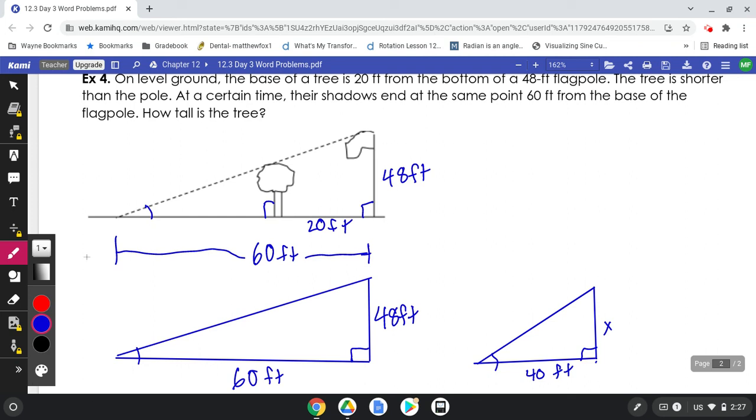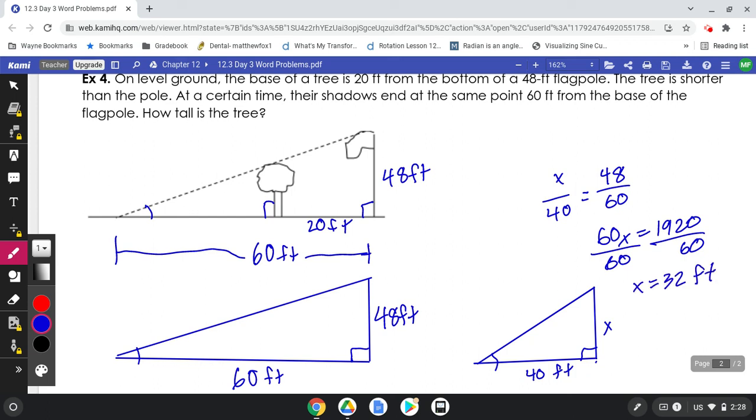But if we think about it, this whole distance is 60. 60 minus that 20 leaves us with 40. And at this point now, x over 40 will equal 48 over 60. Cross multiply. We'll get 60x equals 1920. Divide by 60. And x equals 32 feet.